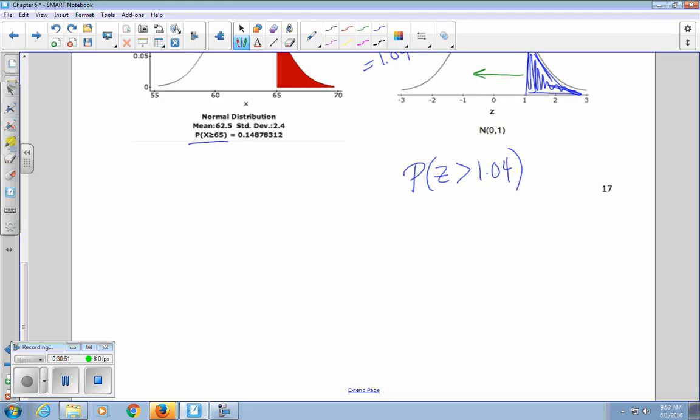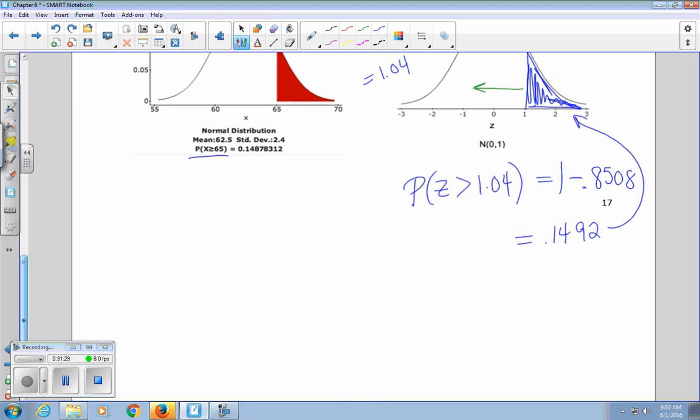And so one way to find this is to say, okay, well, if I know the green part, I can do 1 minus the green part, which is 0.8508, and that will give me the blue part, which is 0.1492. So that is one way to find the greater than.